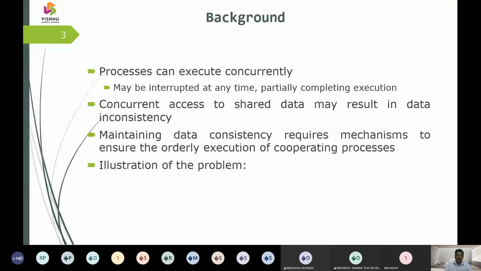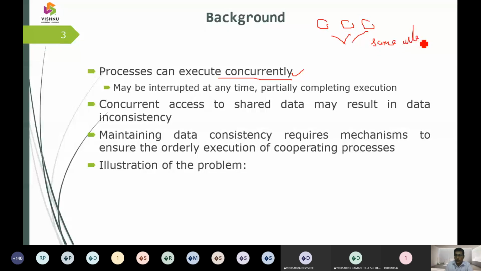Coming to the processes. A synchronization problem arises when there is concurrency. When concurrency comes, two or more events are going to happen in the same interval of time.